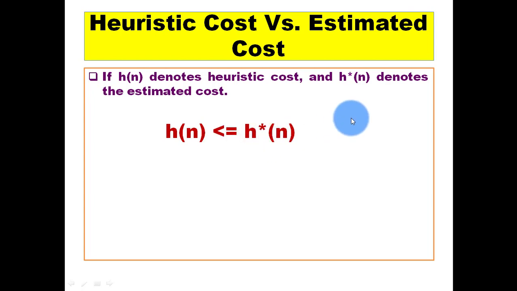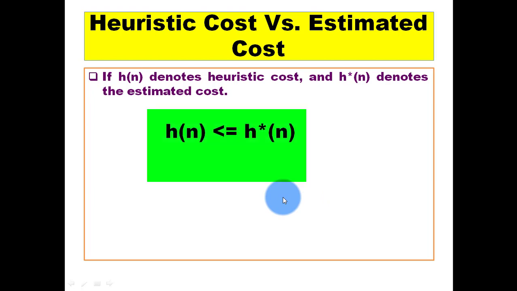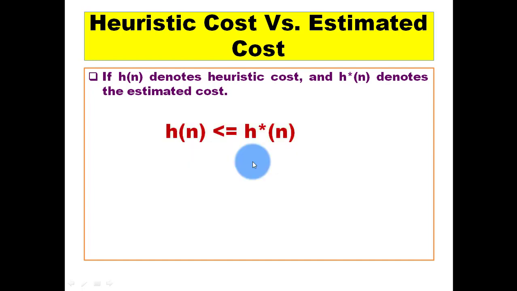I am giving you an example. Consider the city Delhi and consider Noida. Suppose by bus it takes 40 minutes to reach Noida from Delhi. Then suppose by your own vehicle it takes 30 minutes.